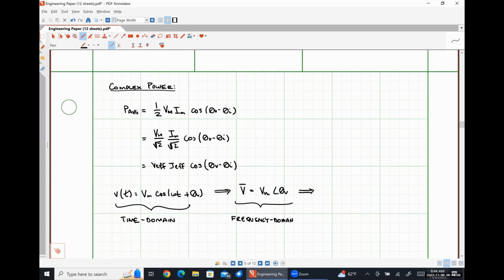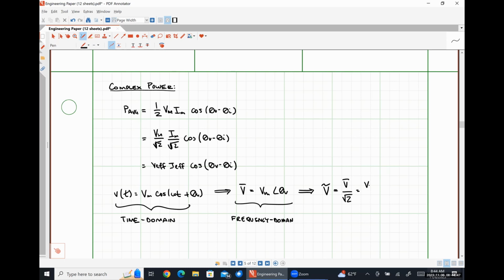And now we're going to work in the RMS phasor domain. And so I'm going to designate that by, instead of putting just a bar over my value, putting a tilde over my value to let me know I'm dealing with steady state sinusoidal signals. This is nothing more than my voltage phasor divided by √2, because we know that the effective value for any sinusoidal signal is just taking the magnitude and dividing by √2.